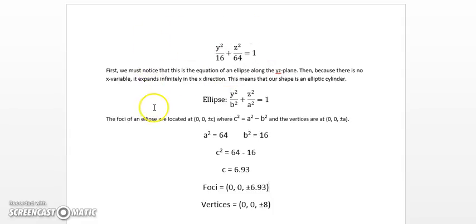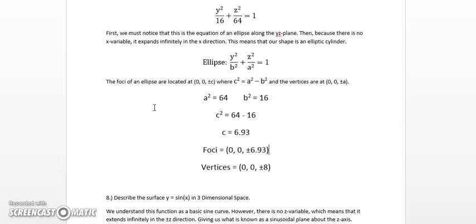Now we have to calculate the foci and the vertices, which is actually relatively easy, because for ellipses, and for all these quadric surfaces, we have formulas for how to find these things. To find the foci of the ellipse, we use this formula right here. The foci are located at 0, 0, plus or minus c.